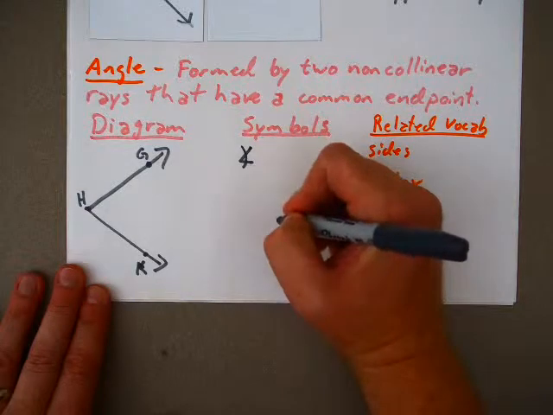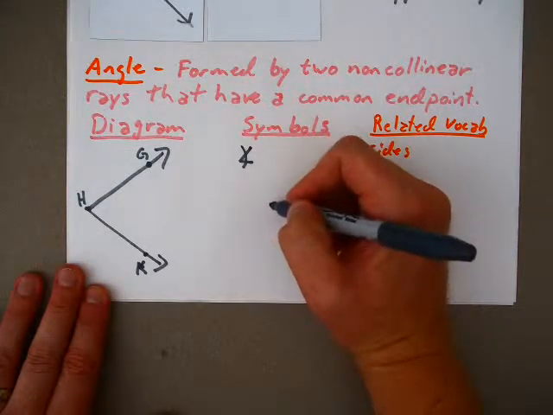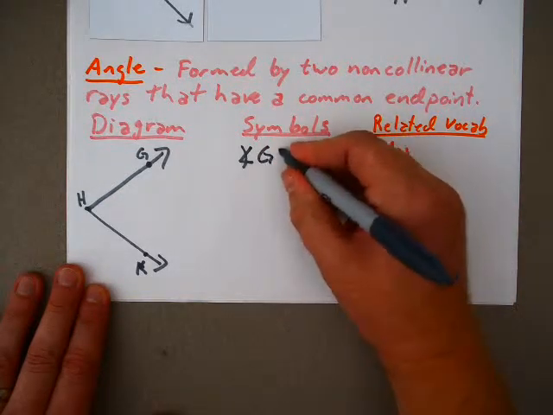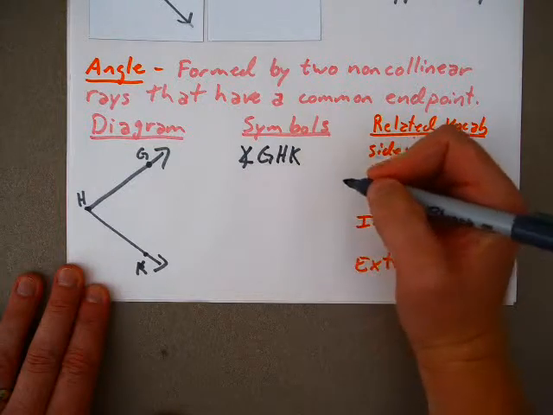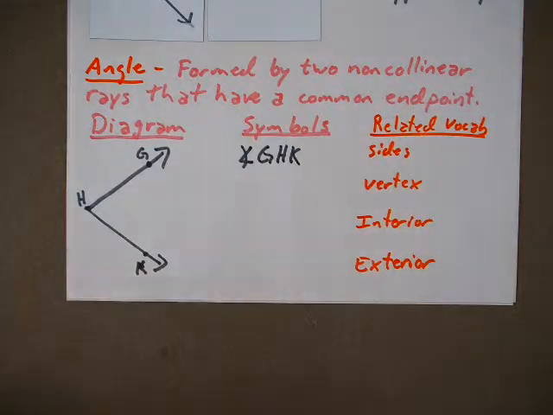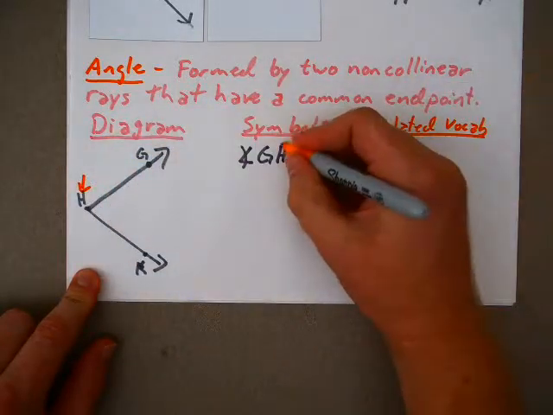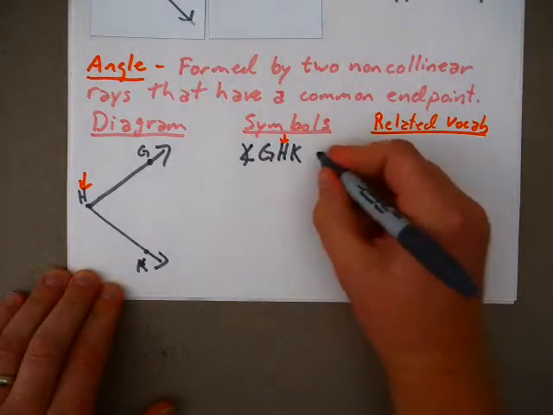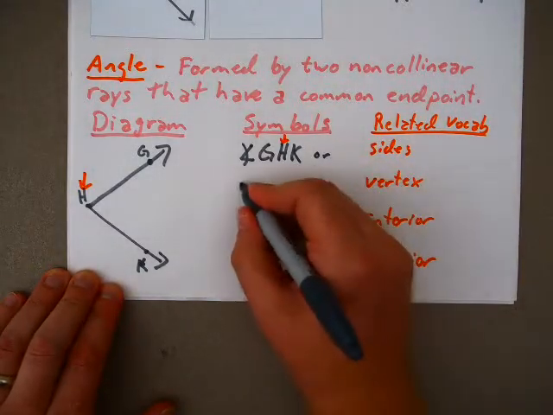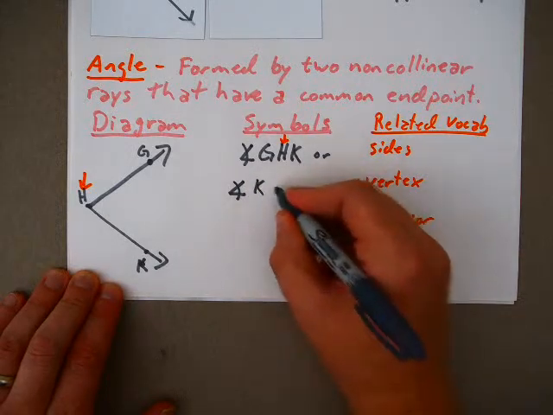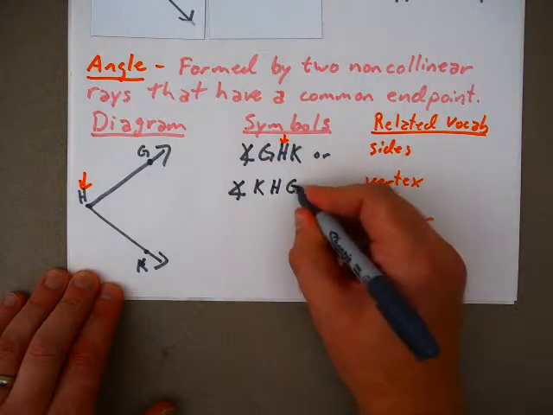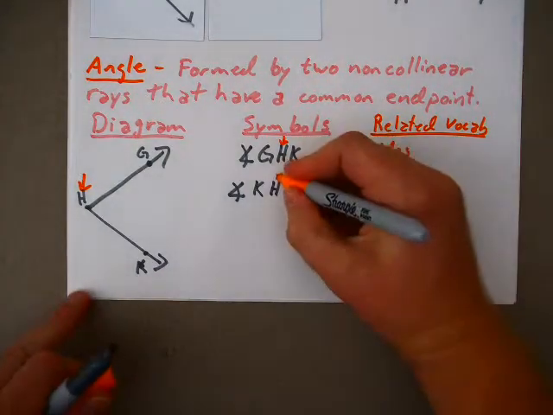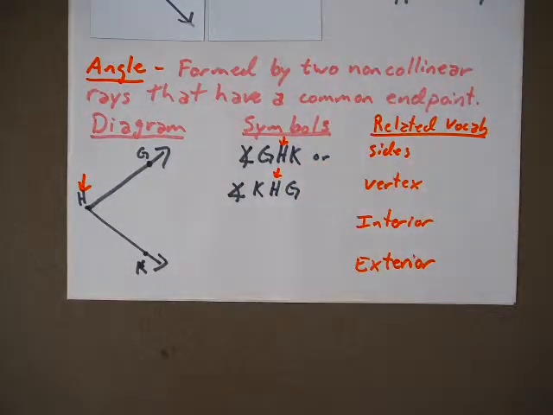Sometimes I'll put a mark there so that you know it's an angle symbol and it's not an L. And we would call this GHK. Please note that the common endpoint is going to be in the middle, and that's going to be the case anytime. So we could name it angle GHK or angle KHG. These two are the most specific ways to name this. There would be no confusion if you were to name it this way.